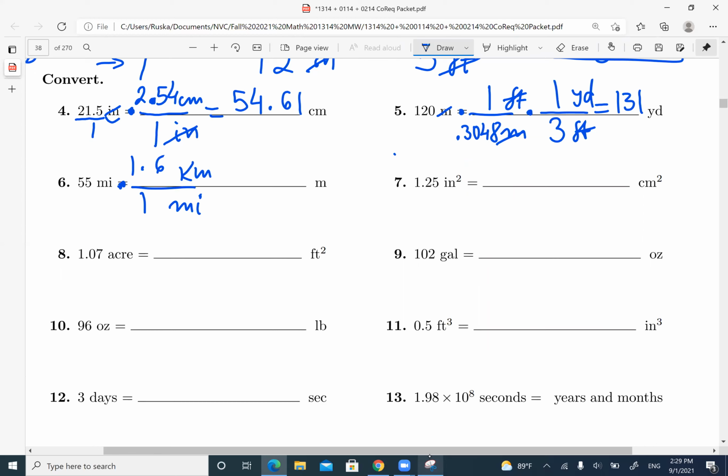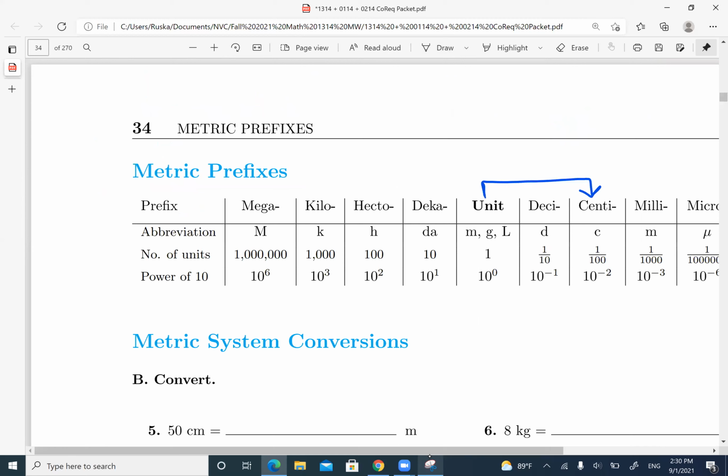So what that means, right now I have my answer in kilometers, and kilo to meter, I need to move it, that was in page 34, kilo, I need to move it 3 places. See, from kilo to meter, I need to move it 3 places. Okay, so let's do that.